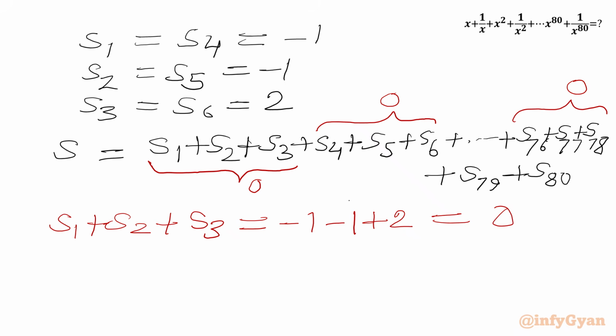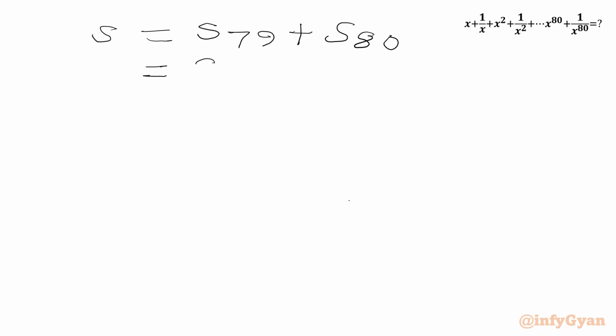So the sum S will be only the summation of S79 and S80. Now S79 will be the same as S1 and S80 will be the same as S2. So we can write S equal to S79 plus S80, which will be equal to S1 plus S2.